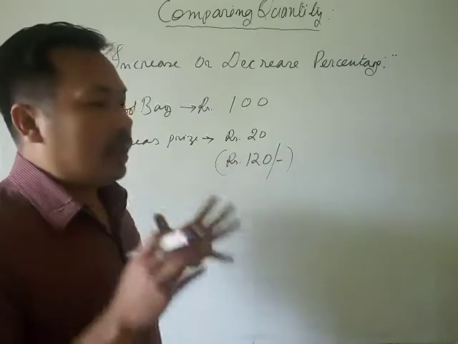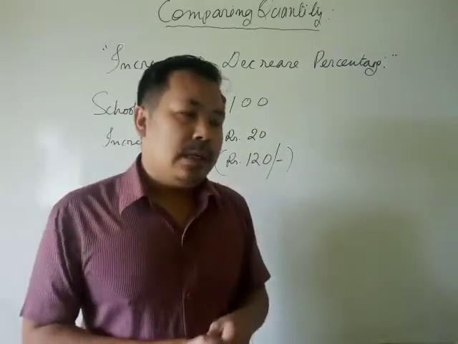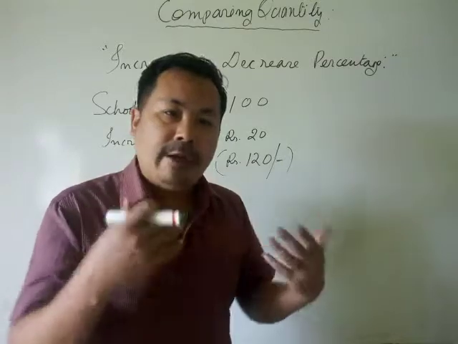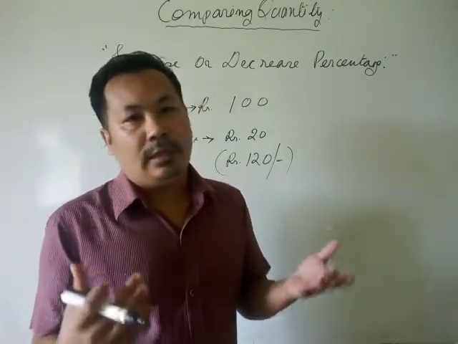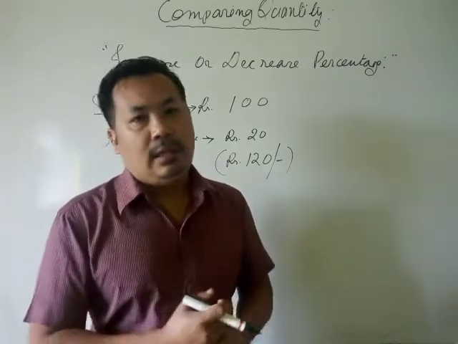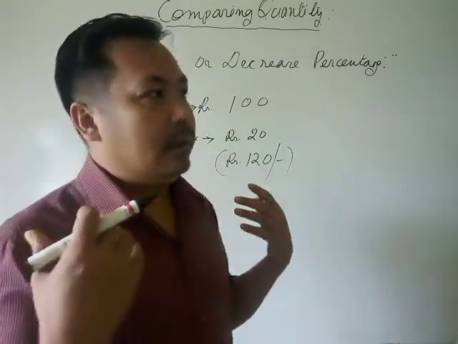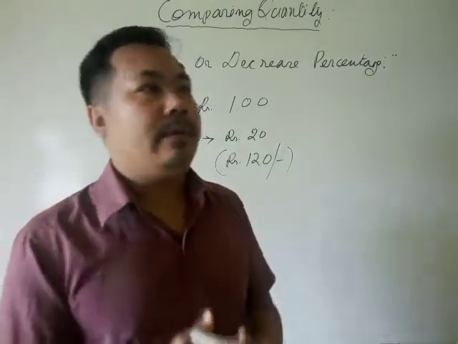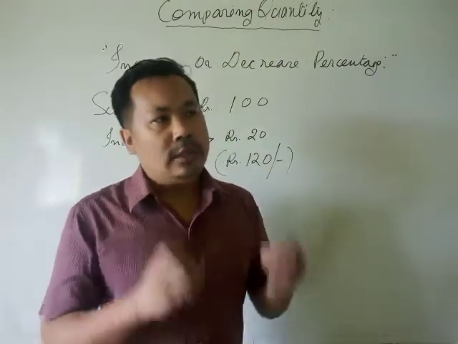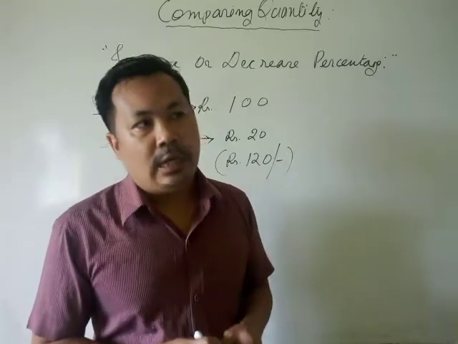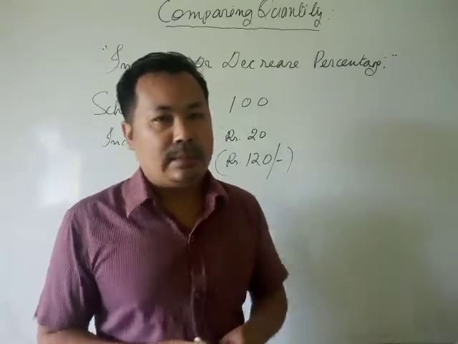So we are going to compare with the original value of the commodities, whatever item it may be. This original value is very important for finding out the increase and decrease percentage.